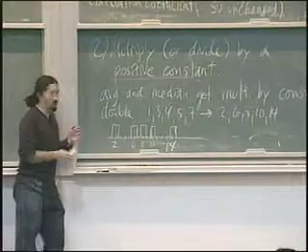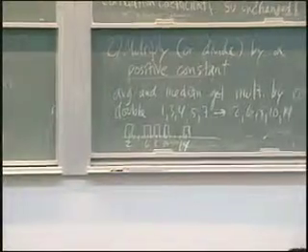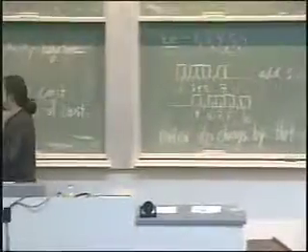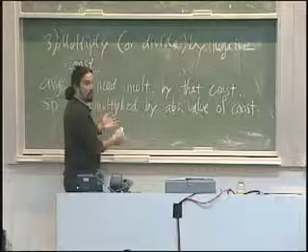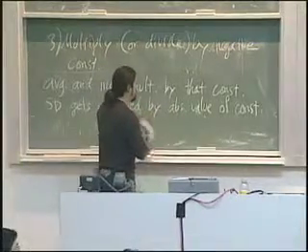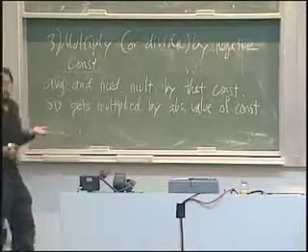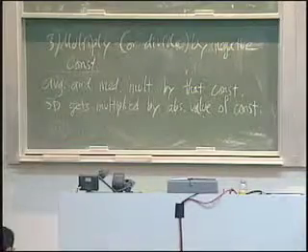So the size of the multiplication is what's important. That tells me how much things are spread out. The sign is irrelevant, whether it's a positive or negative constant.